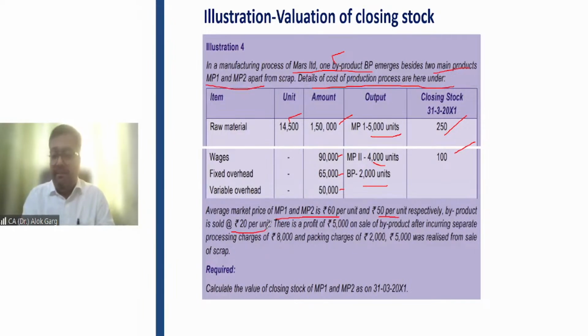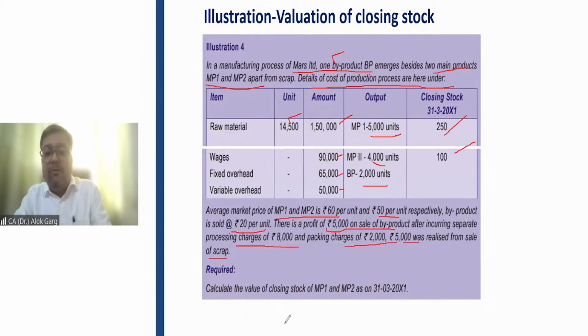And there is a profit of rupees 5,000 on sale of byproduct, but this profit is after incurring separate processing charges of 8,000 and packaging charges of 2,000. Rupees 5,000 was realized from scrap.